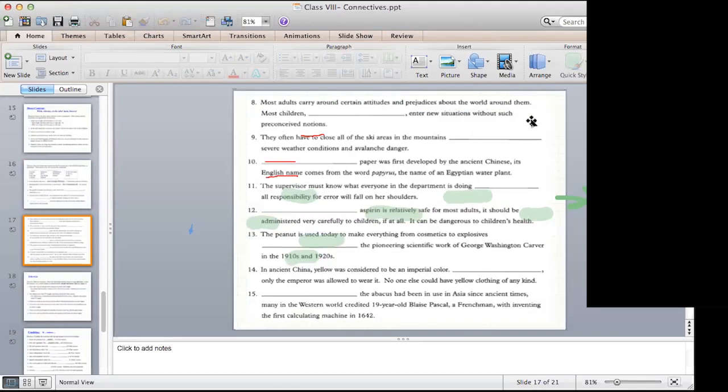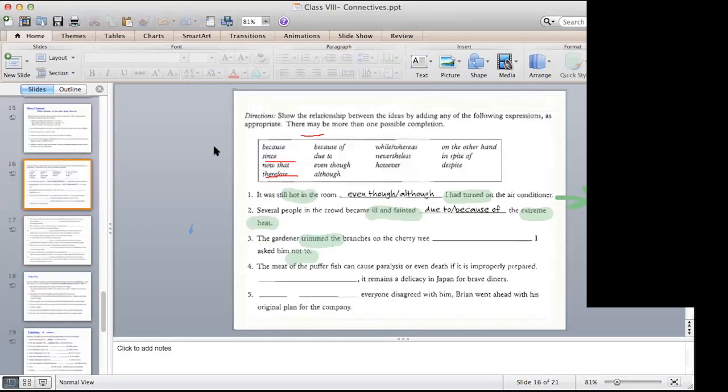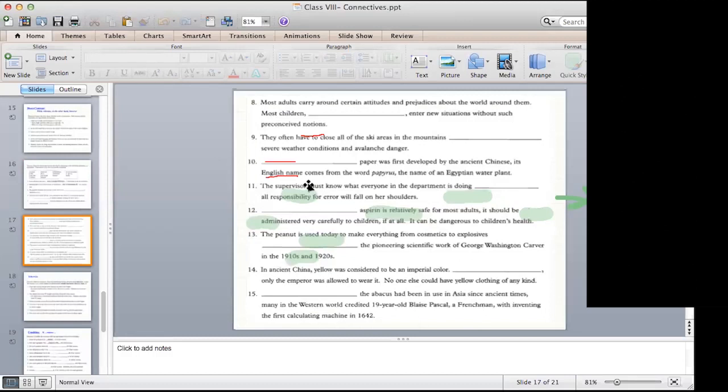Do we have on the other hand in the list? Yes, we have it here, and it is also correct. Most children, on the other hand, enter new situations. I think on the other hand is much better, because we have most adults here and most children here. We're talking about adults on one hand, and on the other hand children. But the use of however or nevertheless is not incorrect. Of course, it remains a correct option.